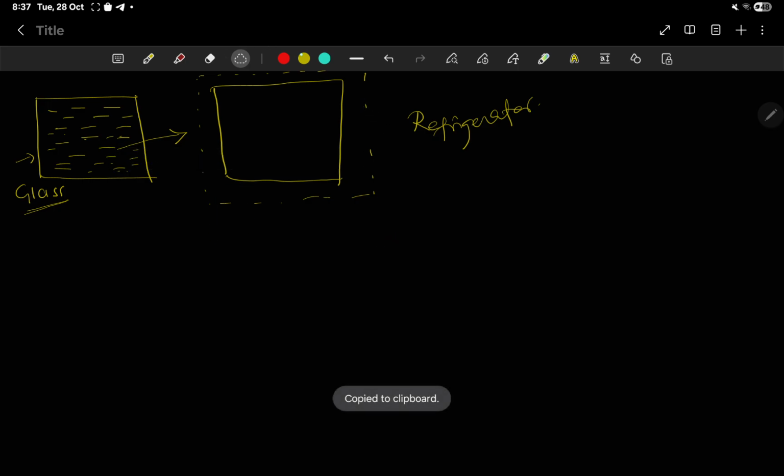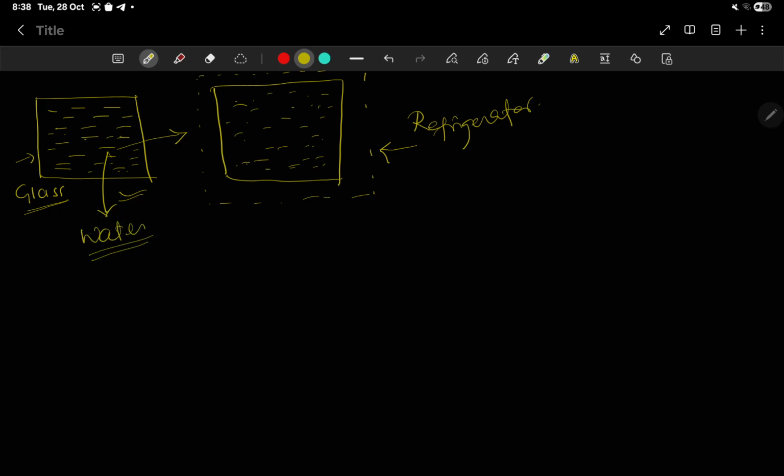Our glass we have kept in this refrigerator. Okay, now tell me, this is a refrigerator and it is going to cool. This is normal water. So this is present inside a refrigerator and we are cooling this.